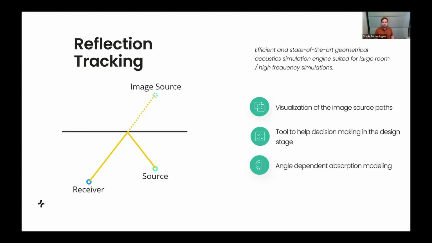And this is useful in the design stage because it allows you to visualize the assumption, which is quite realistic, that the first few reflections behave in such a manner. In general, the reflections become more diffuse the more often a wave has reflected off a surface.